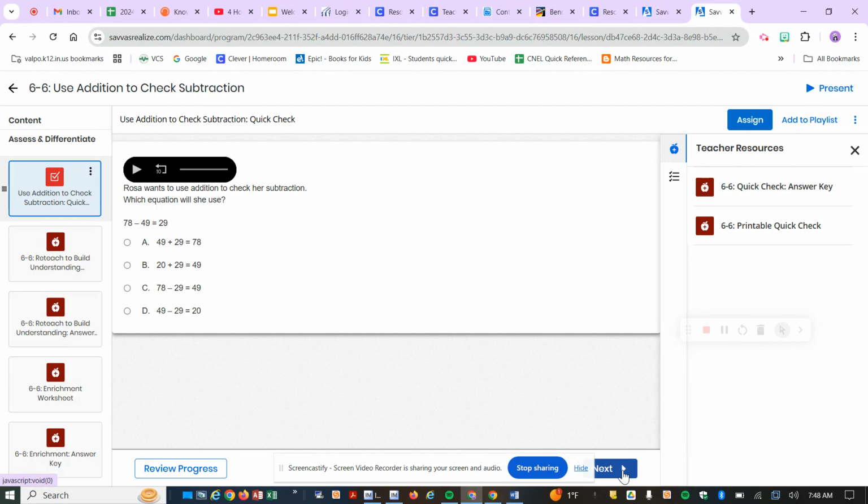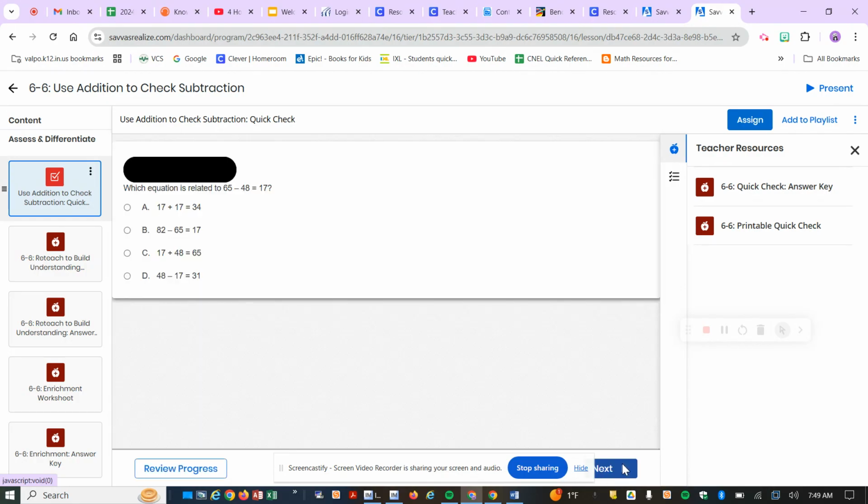So you can choose 2 answers that are immediately not going to work. Now, we are looking to flip our fact and use addition to check. So if we say 78 minus 49 equals 29, then we need to say 29 plus blank equals 78. Which answer, A, B, C, or D, matches that thinking?